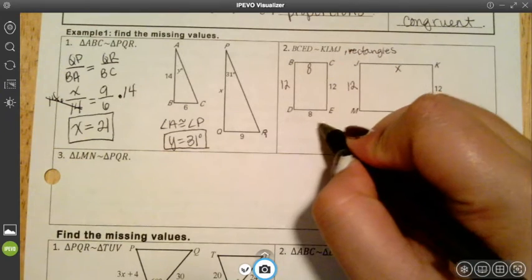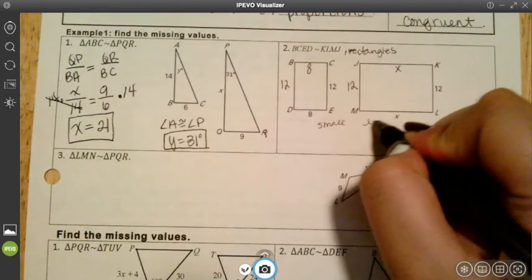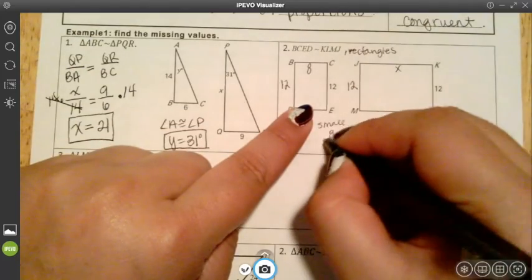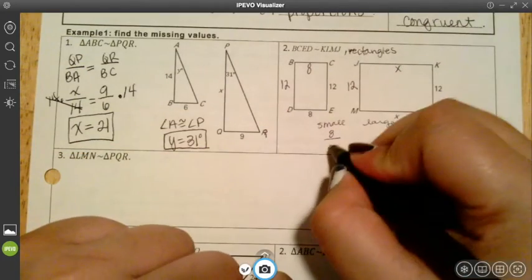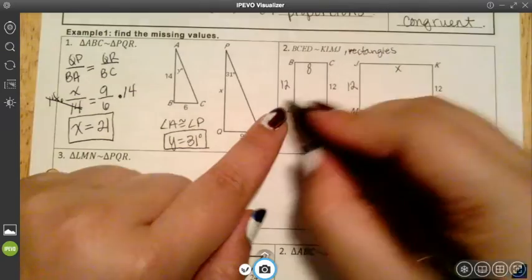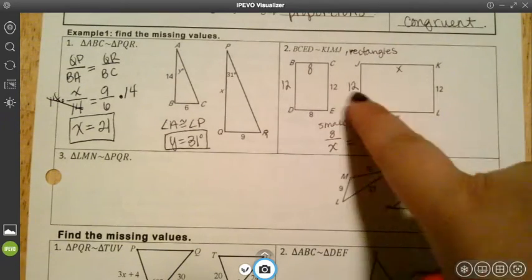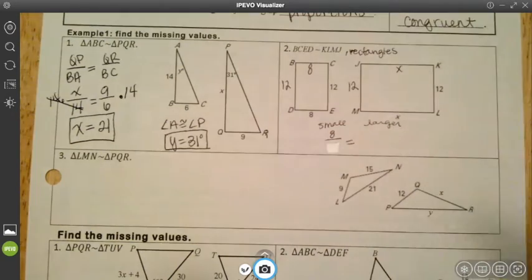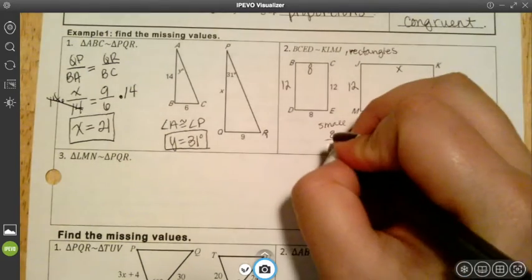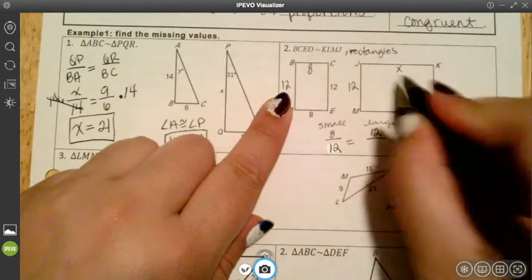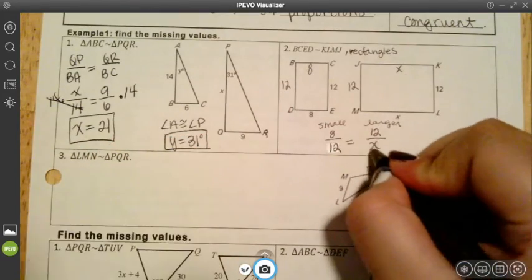So my small side, that's 8, over my small side here is X. Sorry, the small side on this one is actually 12, not X. Over 12. And then the larger side here is 12 over the larger side here is X.